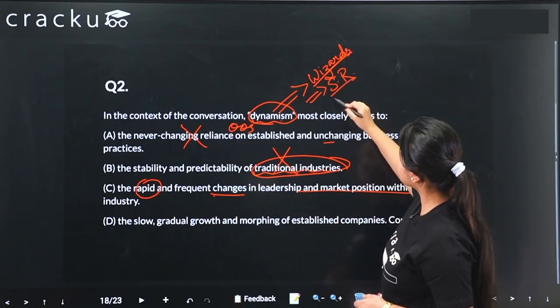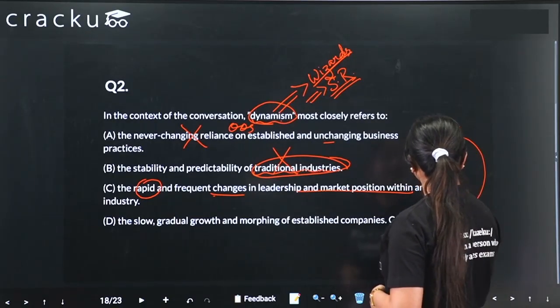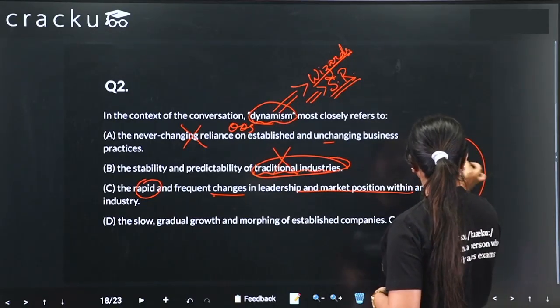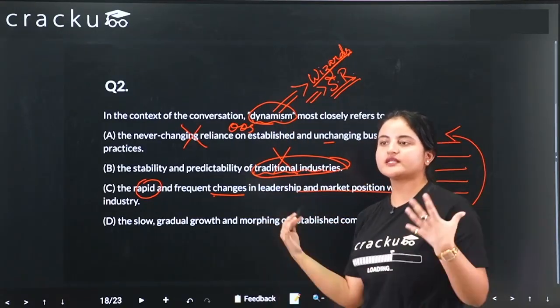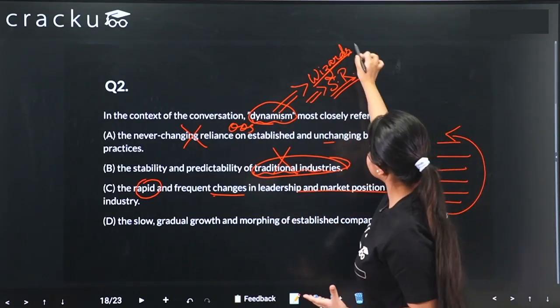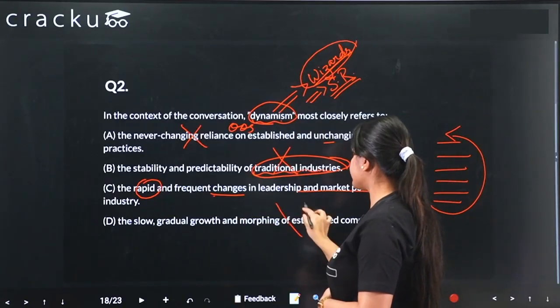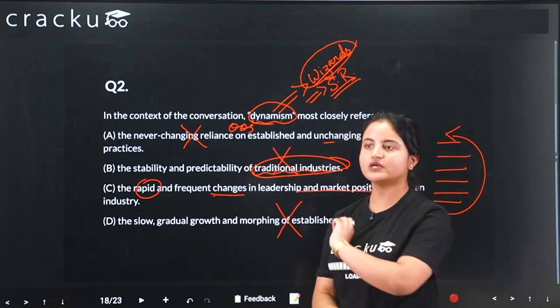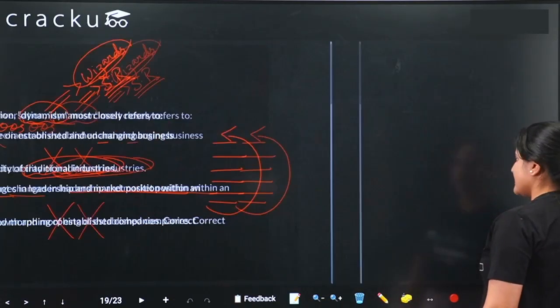That is the shuffle rate also, that the bottom companies can come to the top quickly. So dynamism is related to frequent and rapid changes, and it is related to the wizard companies. The slow gradual growth, absolutely wrong. Anything slow is unrelated to dynamism. So we have the answer.